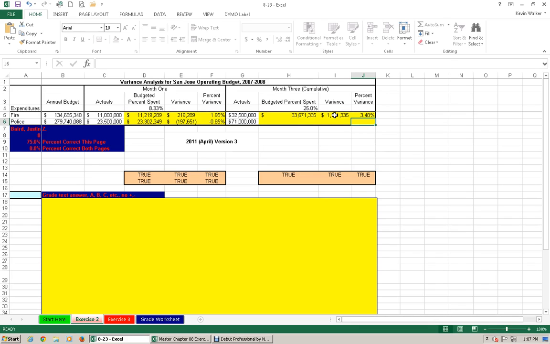We're going to divide the variance by the budget actually spent. And so we're about 3.5% above, we have about 3.5% more budget left over than what we were anticipating at this time.